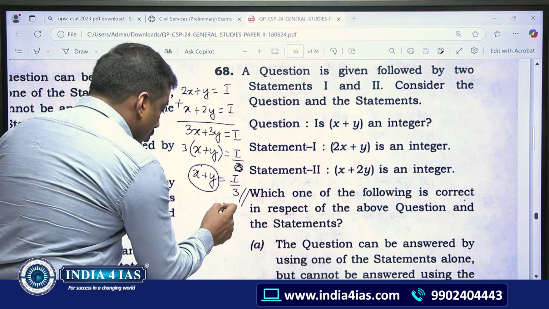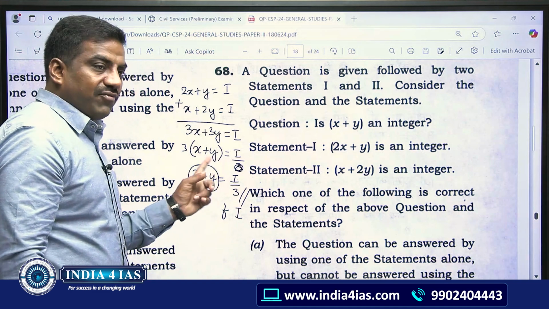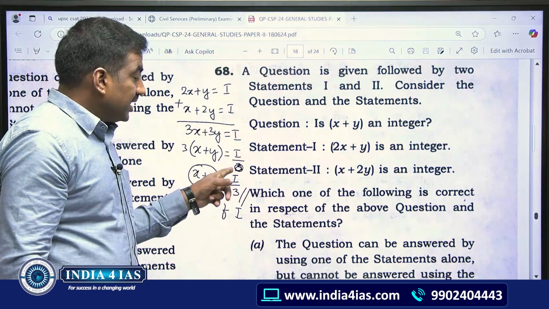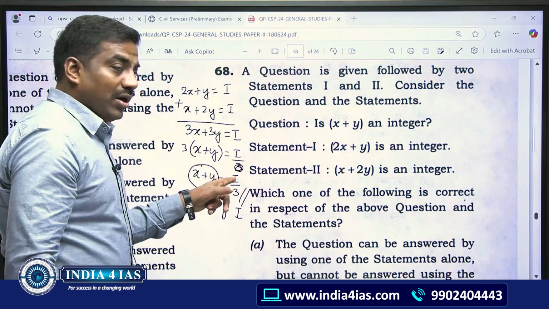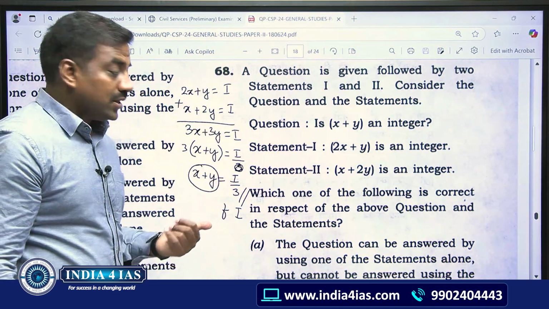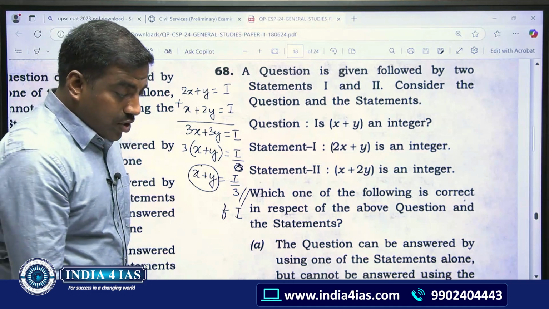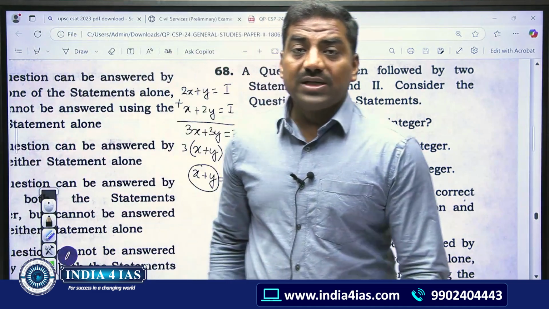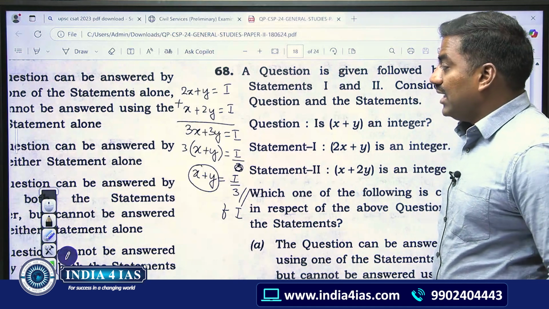It can be either a fraction or an integer. If this integer is a multiple of 3, let's say it is 6, then the answer will be an integer. If it is 4 by 3, it is not an integer. So even in this case, I cannot say that x plus y is an integer for sure.